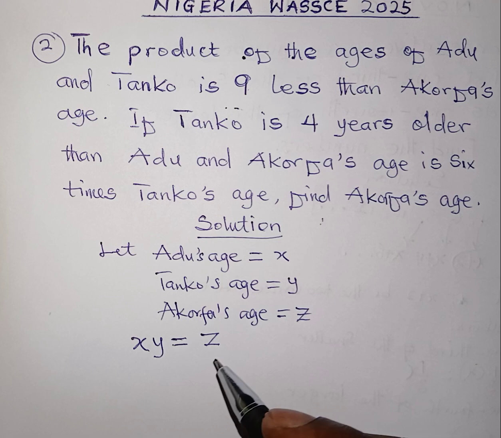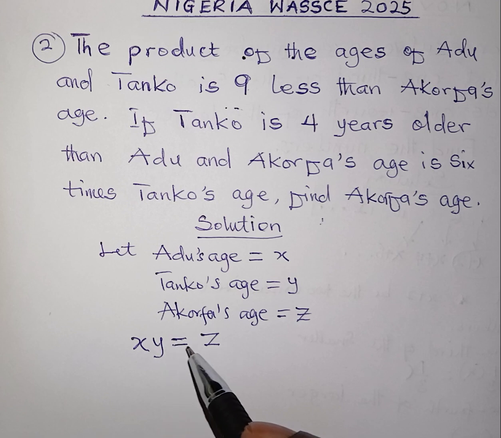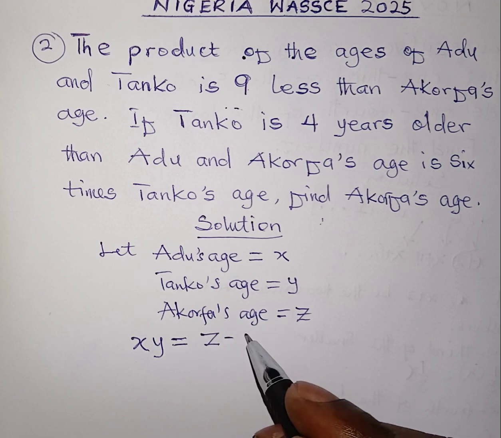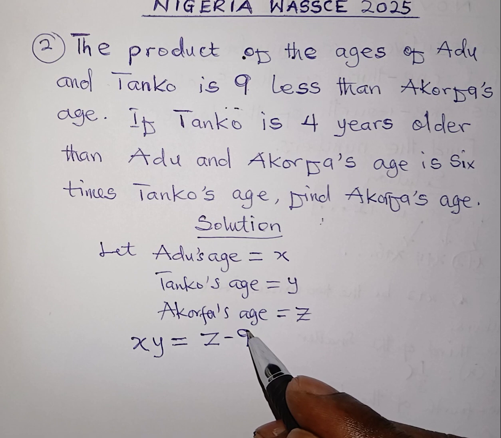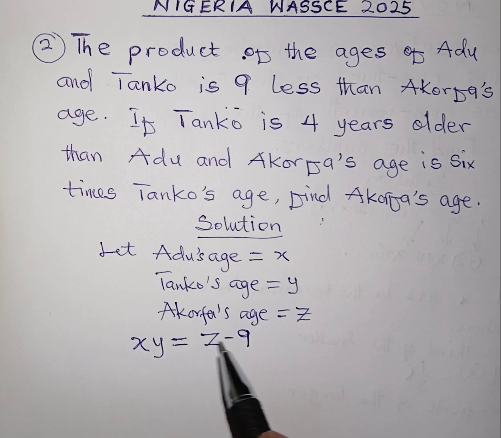Z. So I subtract the 9 from Akofe's age, and that will give me the product of Edu and Tanko's ages. Good. Now I have this expression, so let me keep that expression down.